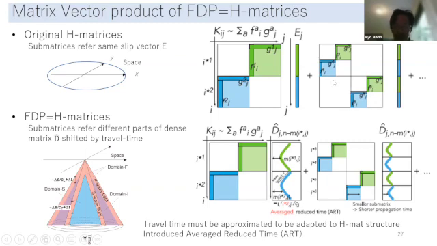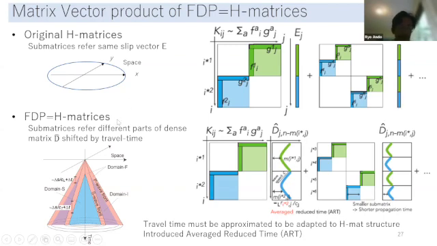The matrix vector product needs to be conducted on the different levels of the submatrices, as Stephanie explained. But for any different submatrices like this one and this one, the same slip vector is referred.